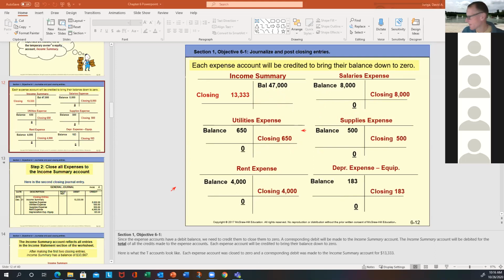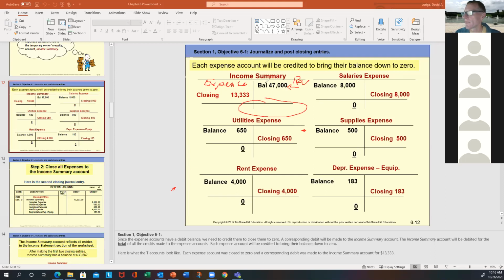So I like to think of the income summary, since we're using it, as the debit side representing your expenses, and the credit side representing your revenue. So basically your net income. And so eventually we're going to get a balance in income summary.